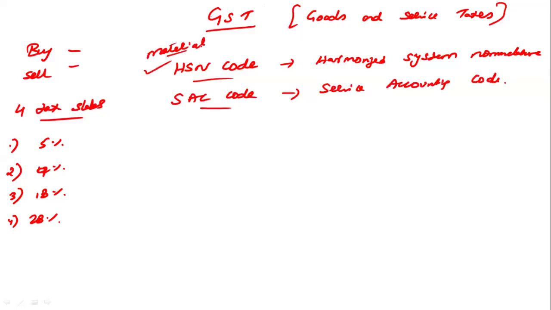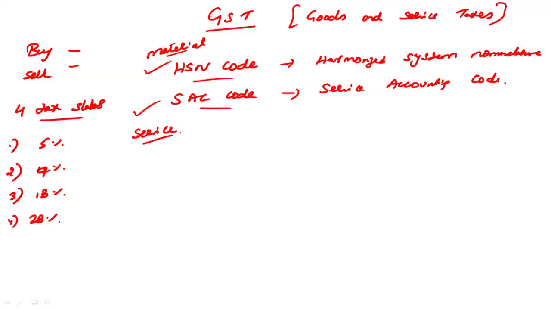Whenever you purchase a material, it is going to have an HSN code. Whenever you purchase services, you will see the SAC code. If you check an invoice, you will be able to see the HSN code printed on it. The HSN code is going to differentiate the tax percentages for each and every material.